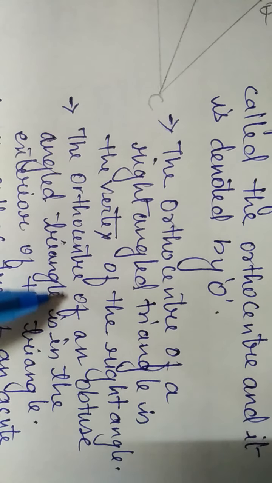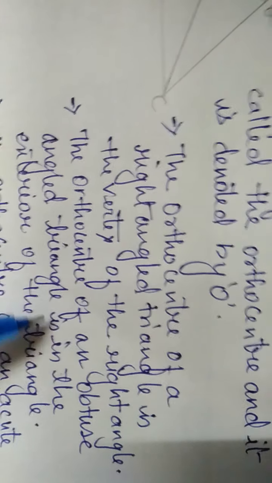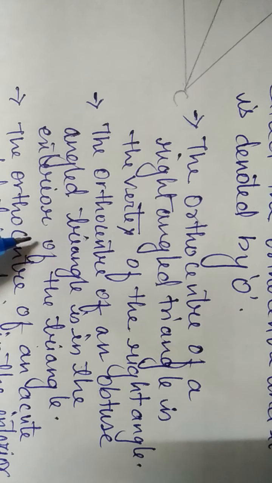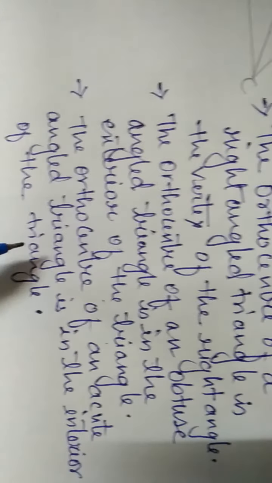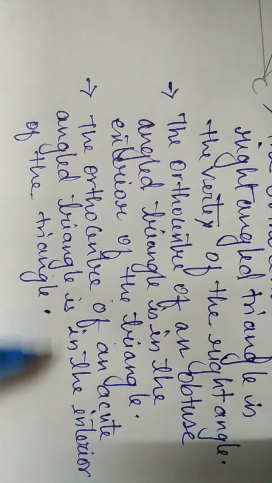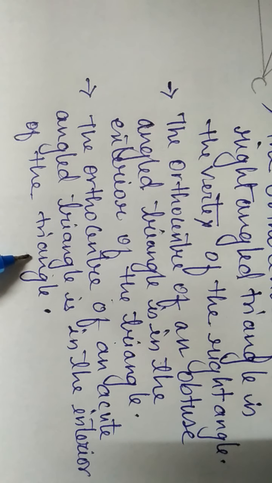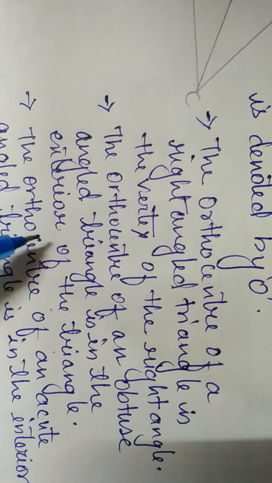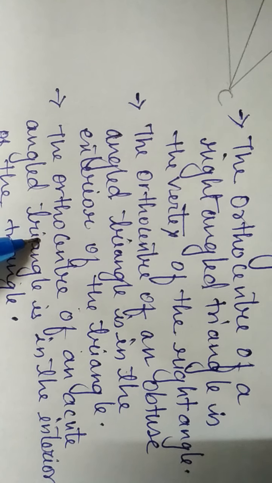The orthocenter of an obtuse angle triangle is in the exterior of the triangle, outside. The orthocenter of an acute angle triangle is in the interior of the triangle. So these are the three types of triangle and the location of their orthocenter.